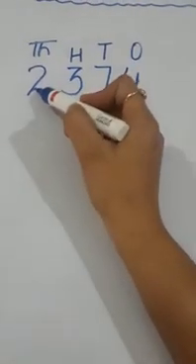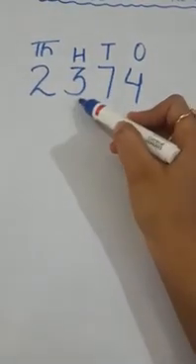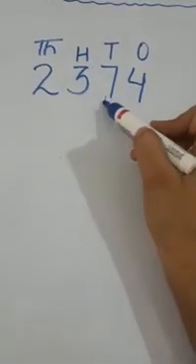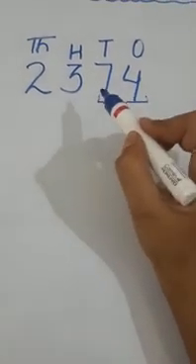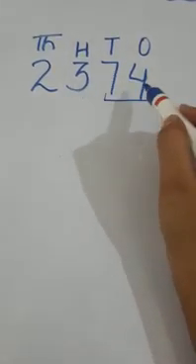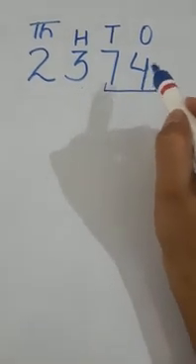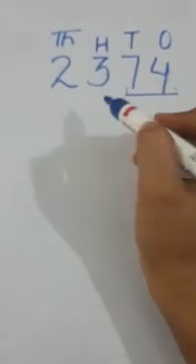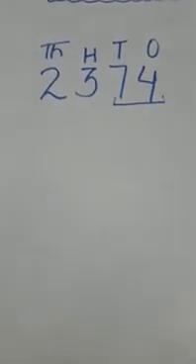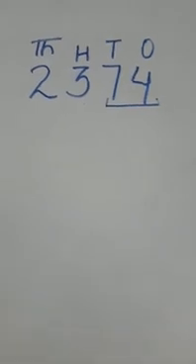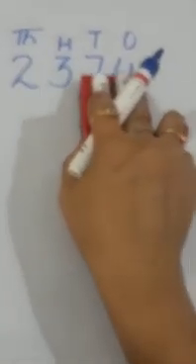It is 2374. Since it has been told to you that tens and ones are always taken together, its number name is 2374.